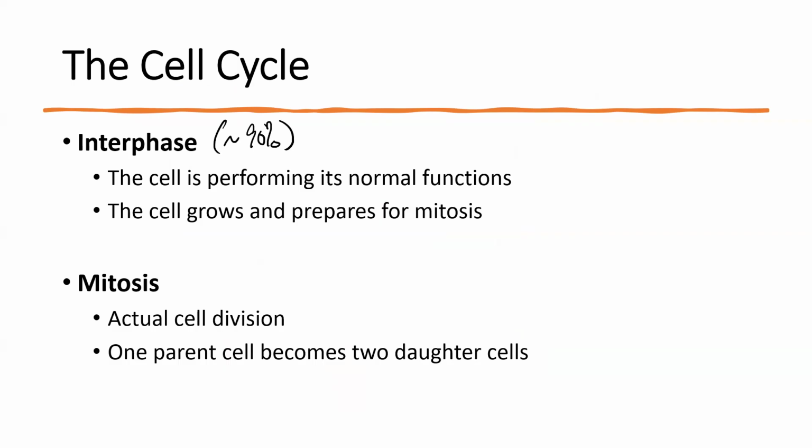They are just performing their normal function. If it's a muscle cell, it's going to be contracting. If it's a liver cell, maybe it's detoxifying. And it's growing. Eventually, when it gets too big, it will switch to cell division, the mitosis.